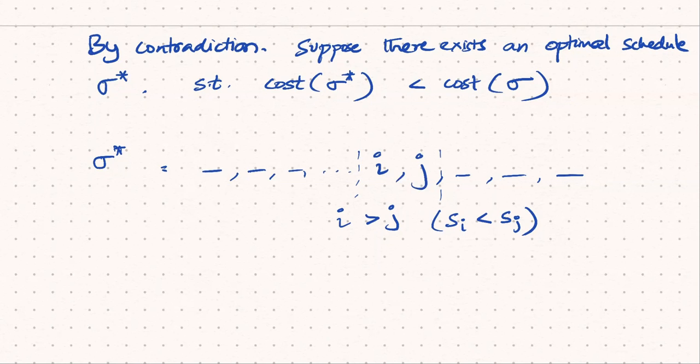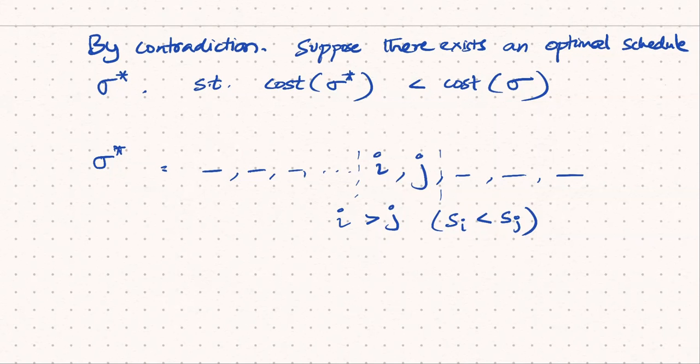When we order the jobs in decreasing scores, we'll always have SI greater than SJ for any two consecutive jobs. So only for the greedy ordering can you not find such jobs I and J, but for any other ordering, also for the optimal one, this sigma star that we have considered here, we will be able to find two consecutive jobs I and J such that SI is less than SJ.